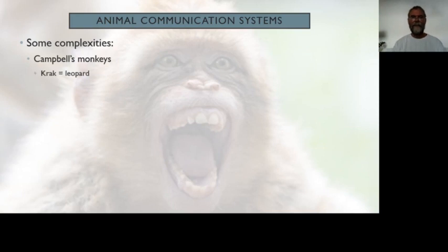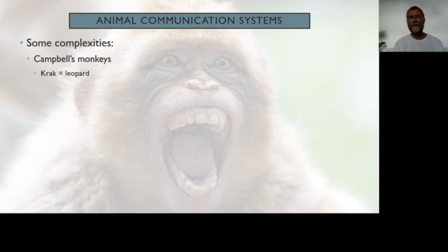For example, the sound crack, whatever that sounds like coming out of a Campbell's monkey's mouth. I'm not entirely sure what it sounds like, but let's suppose it sounds something like crack. That means leopard. It's a danger call, alerting the other members of the troop that there's a leopard about. Okay, so that's a one sound, one meaning kind of expression.